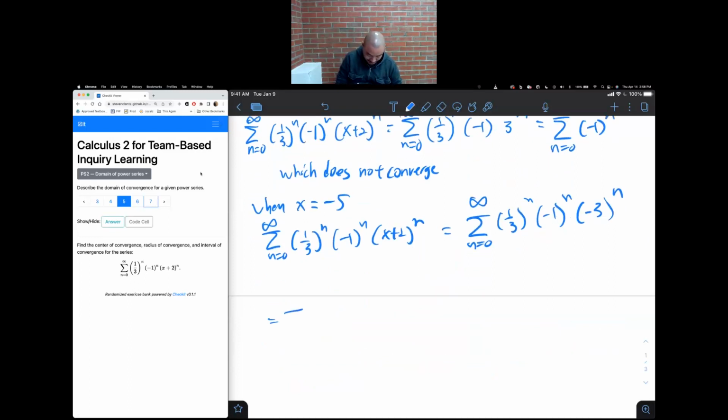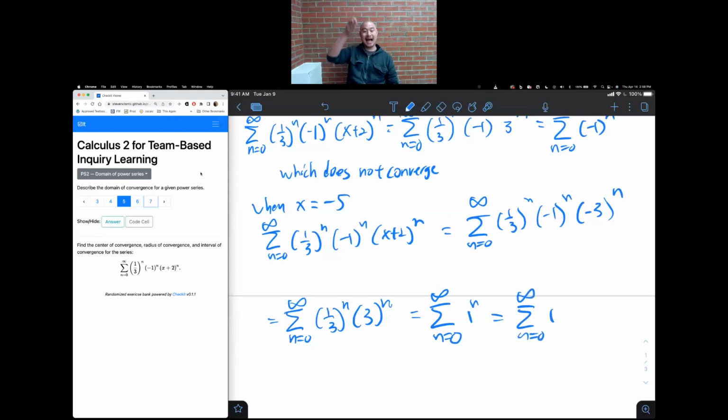We notice that the product (-1)^n with (-3)^n just gives us positive 3^n, and when we take this product with (1/3)^n, which is just 1, we are adding 1 to itself repeatedly, which definitely does not converge.